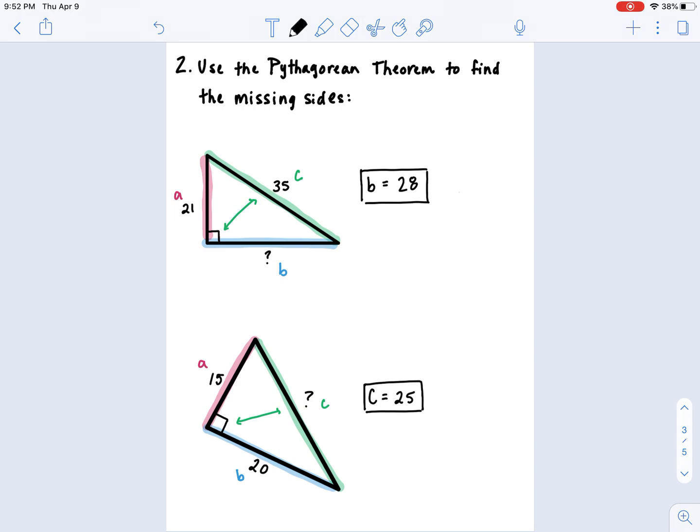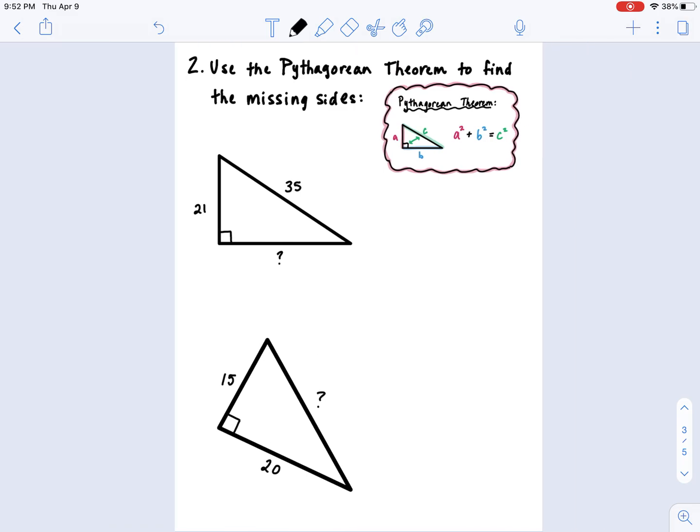For the second triangle, we're finding the hypotenuse, so we get C as our missing side, and you should have gotten 25. If you got them right and you feel good about it, you can just stop here and turn your assignment in. If you got one wrong or you're just not feeling totally confident and you want to see a solution, keep watching and I'll go through a solution to each of these.